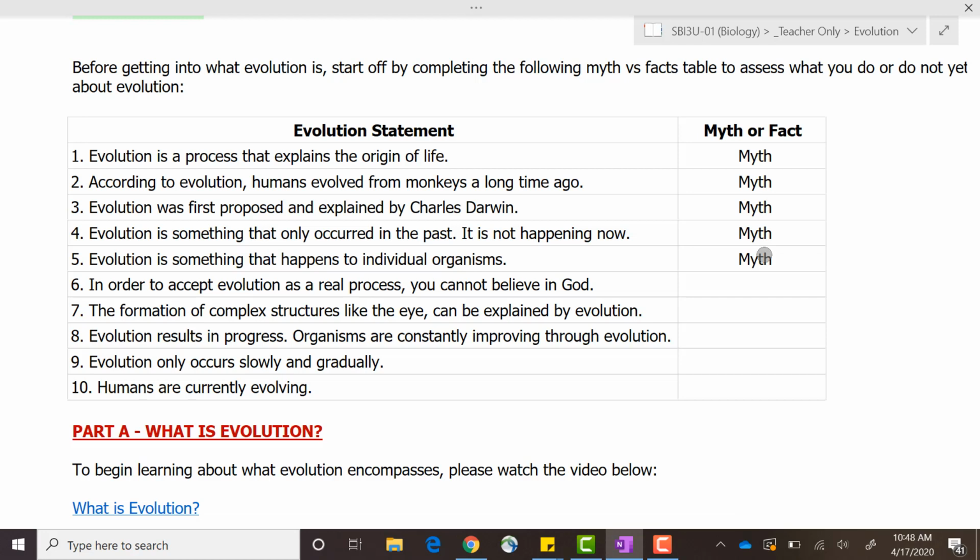Number 6, in order to accept evolution as a real process, you cannot believe in God. So, as we addressed in the first one, evolution is not trying to explain how life began. So, it is possible that you can be religious and believe in God or gods, whatever religion you may be, and still accept that evolution is a real process that has led to change in species over the existence of the earth.